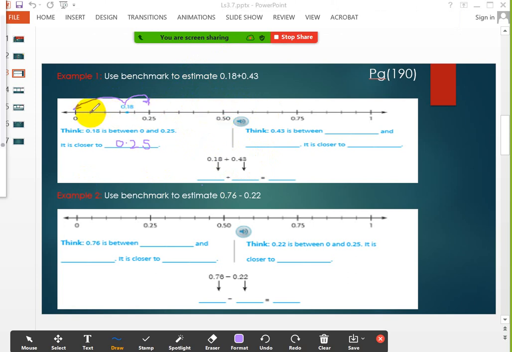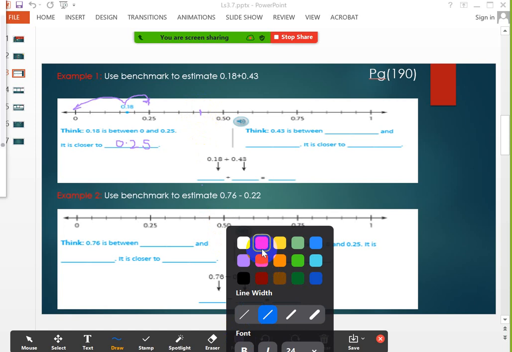If I want to count, this is 0.25. After that, 0.30, 0.35, 0.40, this is 0.40, this is 0.45. So it will be between those 2 points, in the middle, right here. Okay? Right here.